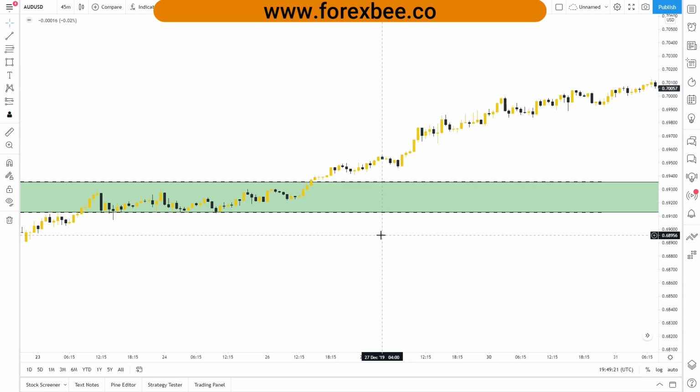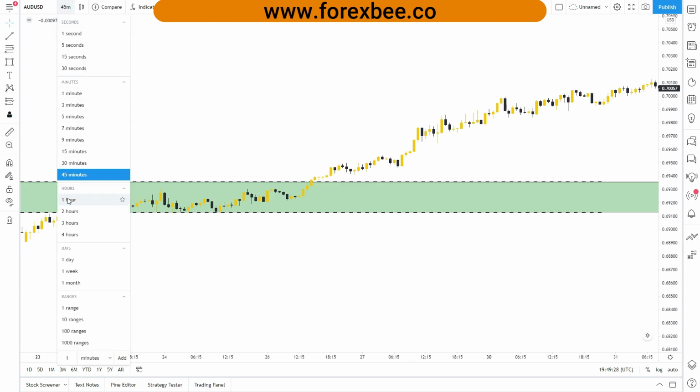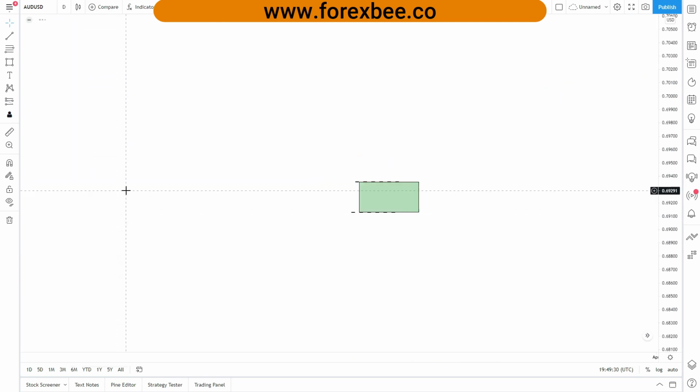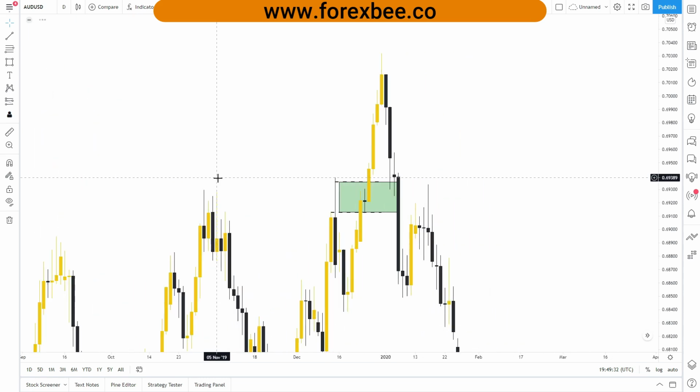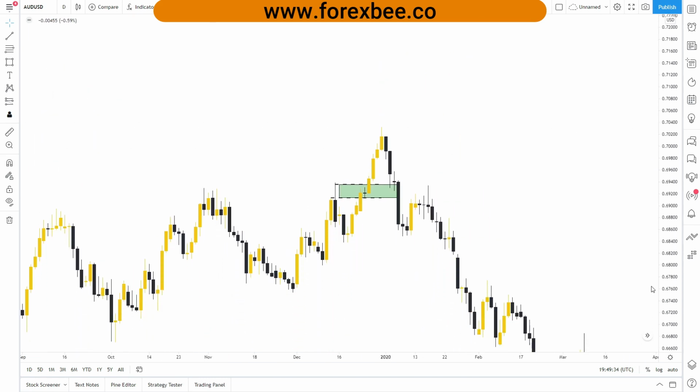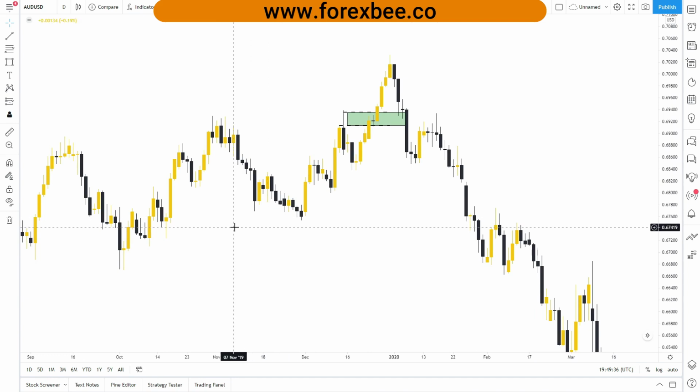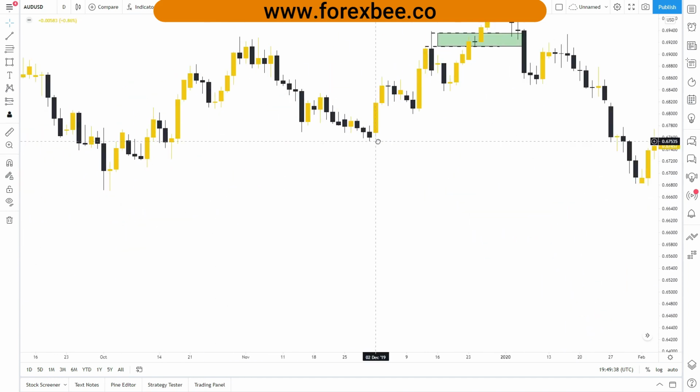So in a similar manner, you can draw the support zone, but for the support zone, in the daily time frame you need to look for bullish engulfing patterns. So let me find a bullish engulfing pattern somewhere here, and as you can see, this is basically a bullish engulfing pattern, because this candle is engulfing this bearish candle.